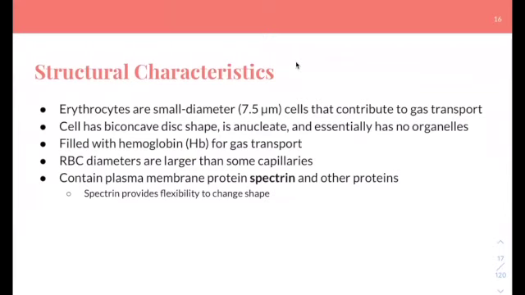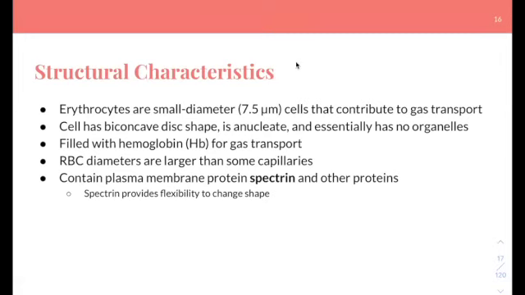So erythrocytes, or those red blood cells, are very small. We can only really see each individual cell if we look at it under a microscope. Those red blood cells are what carries oxygen around to different cells within the body.